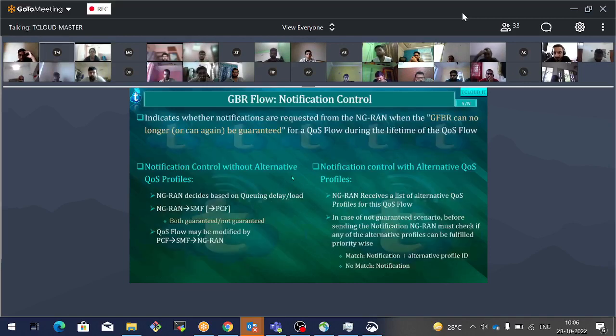Now, one more parameter that is applicable only for GBR flows: the notification control mechanism. What is this?